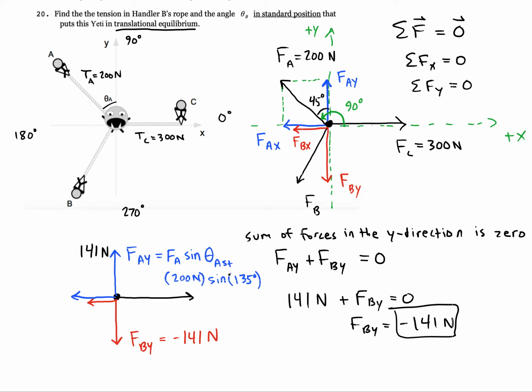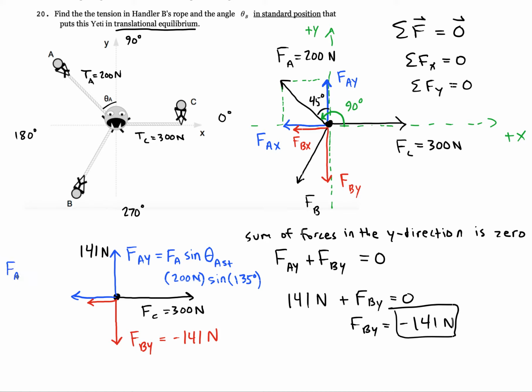So now you have to do the harder dimension, which is the x dimension, because there's 3 forces in that dimension. We have Fc equal to 300, so at least we know that. But we don't know the blue and the red. So let's find the blue first. That would be Fax.